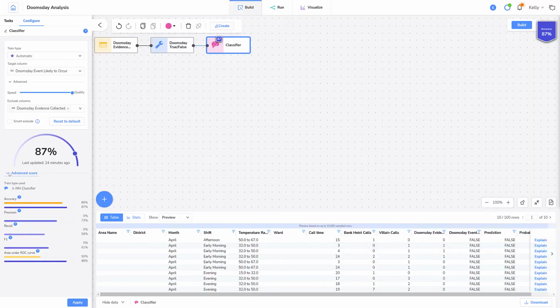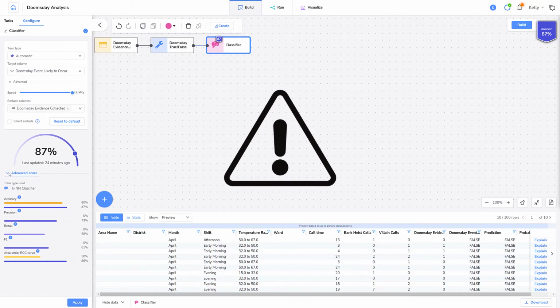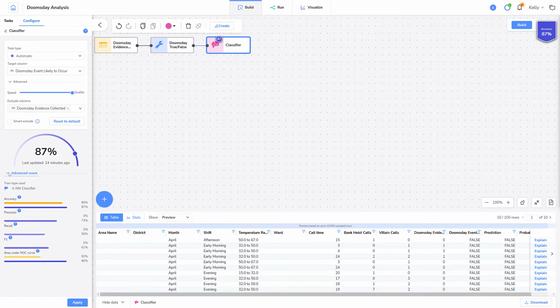If your score is close to 100%, you should be suspicious. You could have a column in your dataset that provides Symon with post-event information that you wouldn't normally have. For example, if you're predicting whether a doomsday incident will occur or not, you wouldn't include the historical information about how many people were saved. This is information that would be gathered after the event and should be excluded from the model.